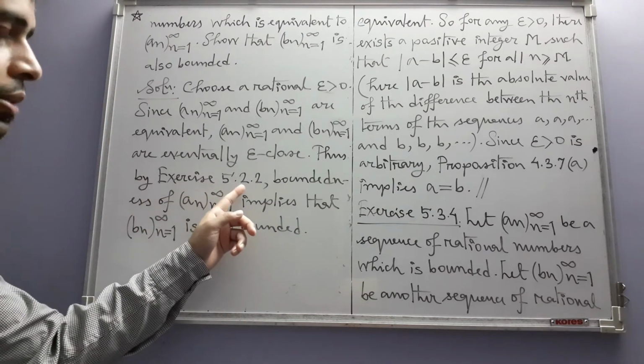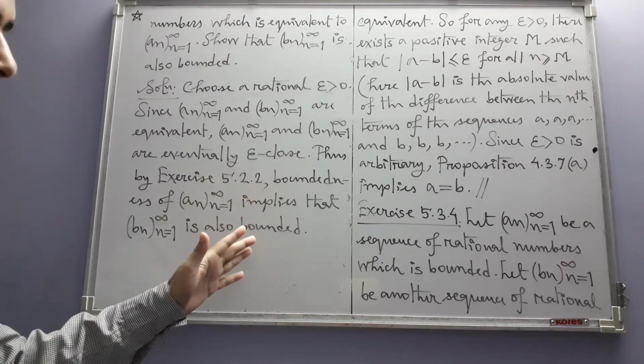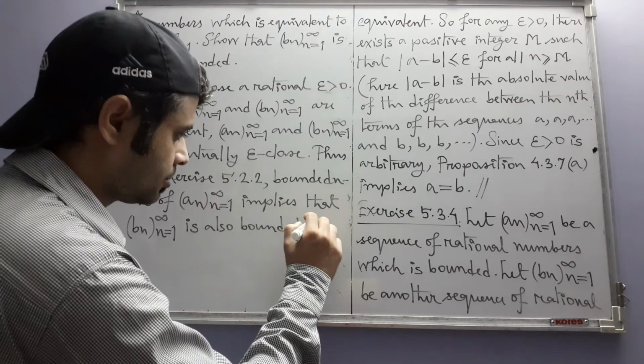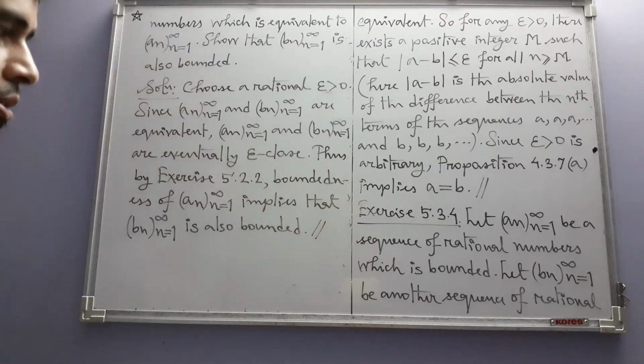You go and look at this exercise, you will understand what has happened here. So that's how we get the fact that Bn is bounded.